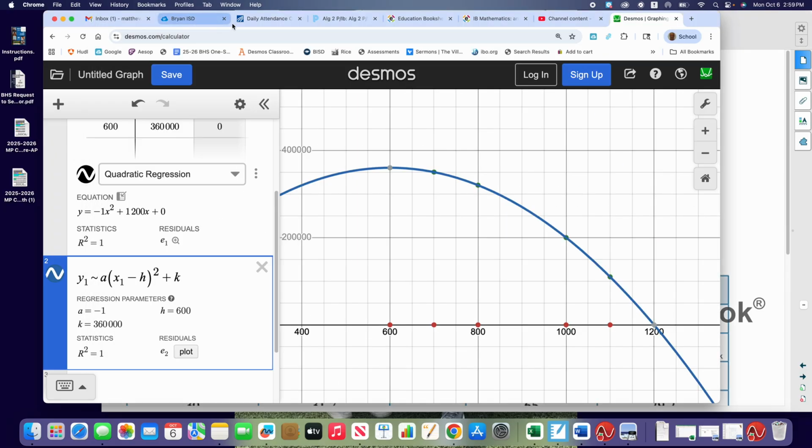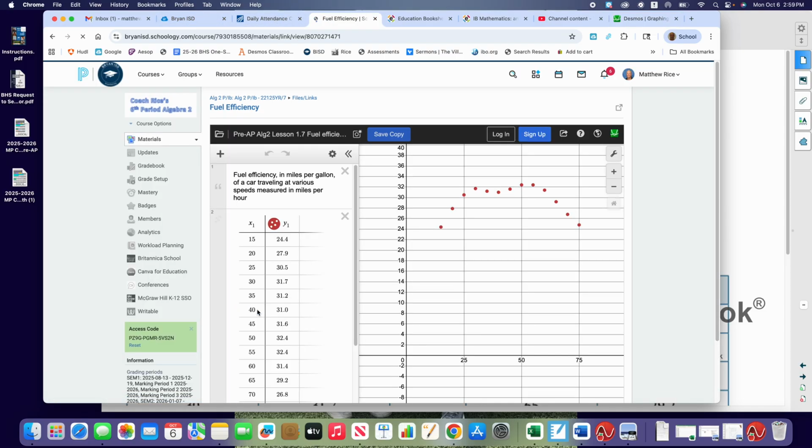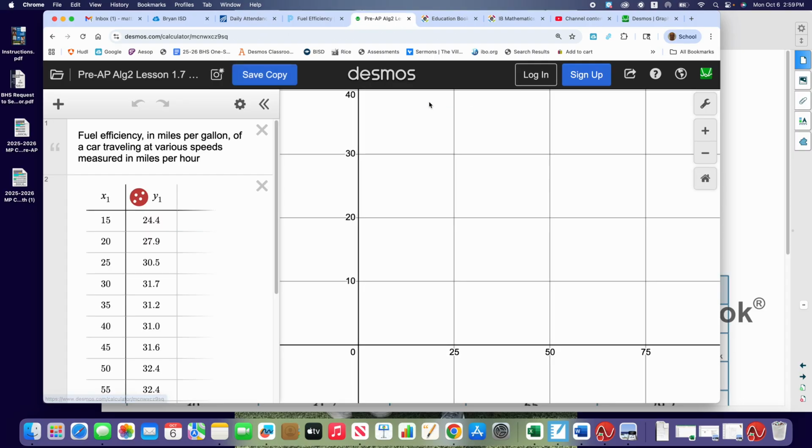I'm going to go to my Schoology account, click on my fuel efficiency, and take that out and put it over here. I'm trying to help speed things along a little bit for you. What I'd like for you to do is go answer question 1. You might want to read the top to know what this problem's about, but you have the data here. I want you to read question 1 and answer question 1 for me.